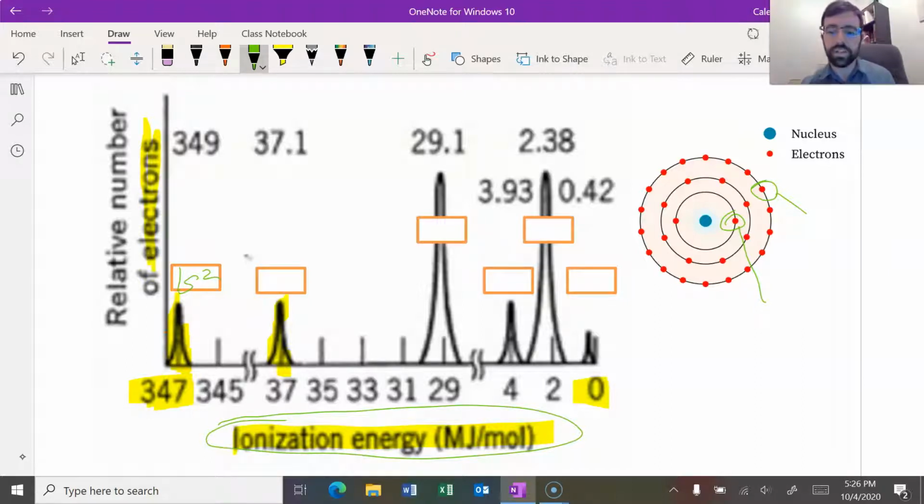This is the hardest to remove, so it has the highest ionization energy. And this one is the easiest to remove, so it's going to have the lowest ionization energy. And that's the idea that we want to get. The further away you get from the nucleus, the lower the ionization energy.